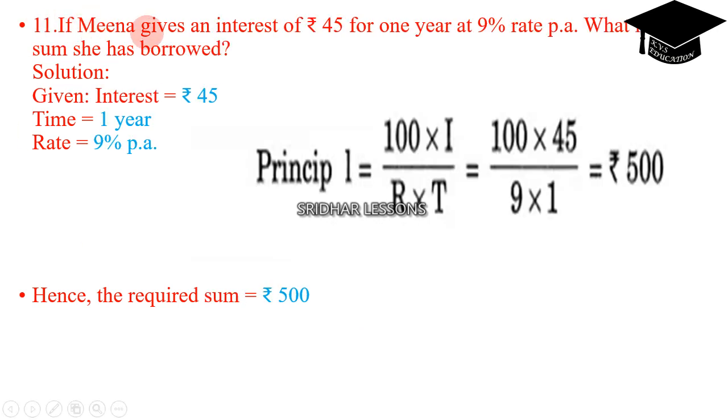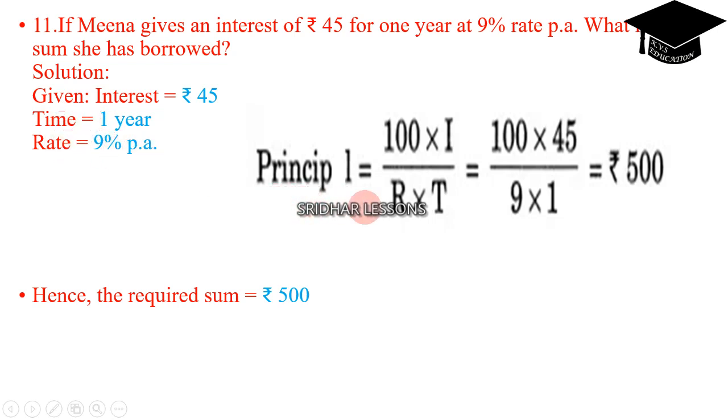Question number 11. If Meena gives an interest of 45 rupees for 1 year at 9% rate of interest, what is the sum she borrowed? Given that the interest is 45 rupees, time is 1 year, and the rate of interest is 9% per annum.